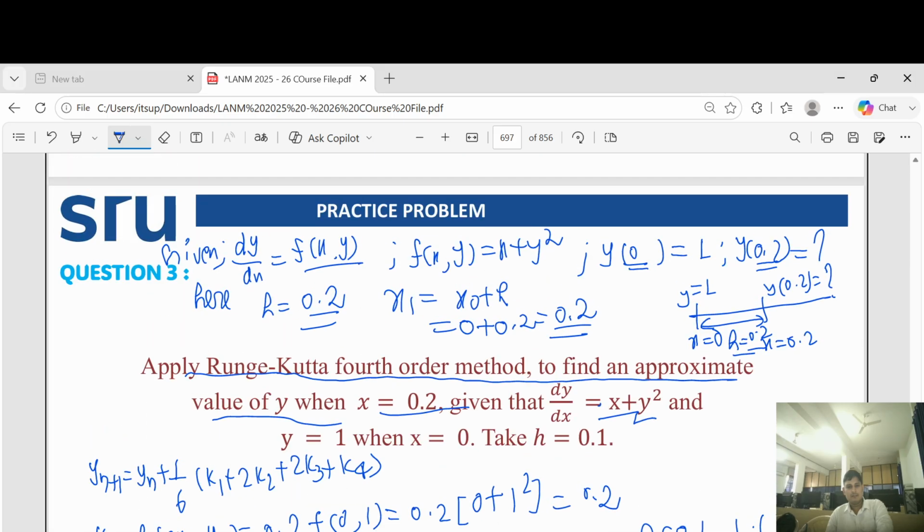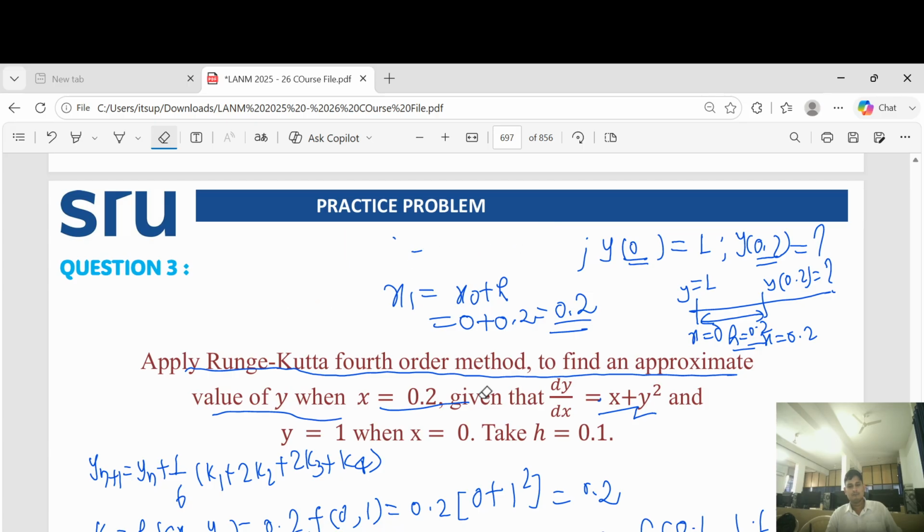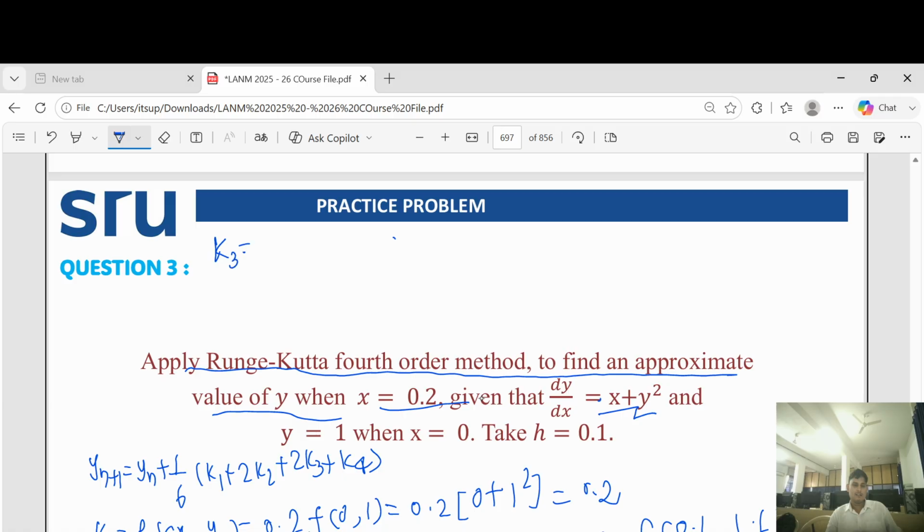Now we evaluate the value of k3. k3 is h f of x naught plus h by 2 comma y naught plus k2 by 2.